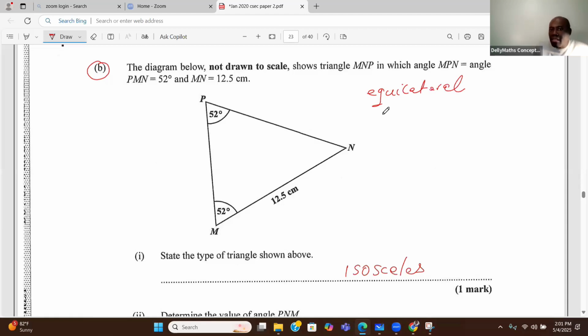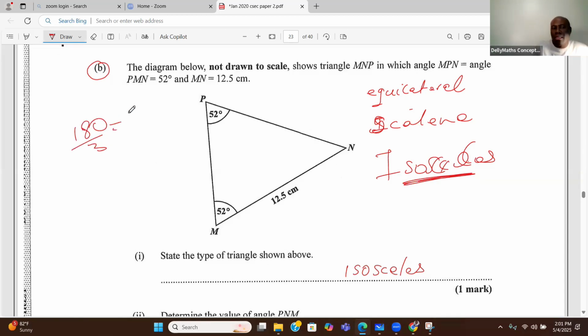And if none of the angles are the same or the sides, it's called a scalene. So we have 3 types of triangles, basically. This one, which is an isosceles. And then we have equilateral. So with isosceles, 2 angles are the same, 2 sides are the same. Equilateral, everything is the same, 60 degrees. Because if you take 180 divided by 3 equal things, you get 60. So you'll see that one and so on.